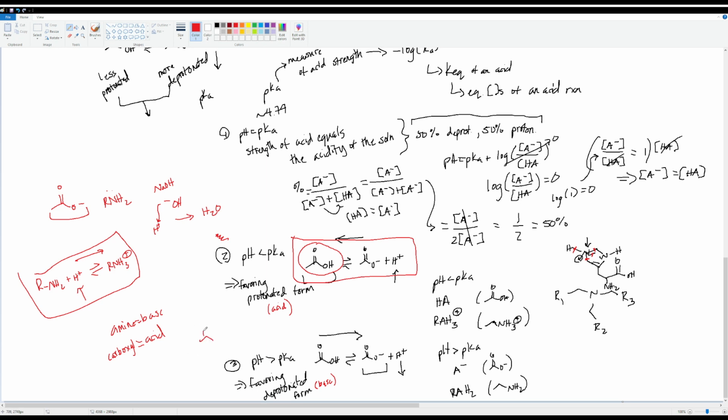Also, fun fact, this can actually be a base. It can pull up a hydrogen on this lone pair to give you that. That's well beyond the scope of this class. That's 118C for OChem, but it's technically true.